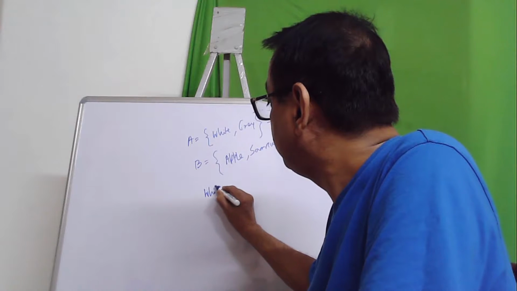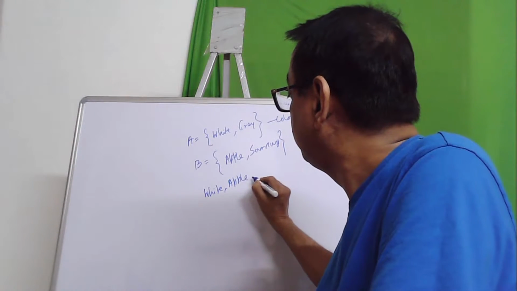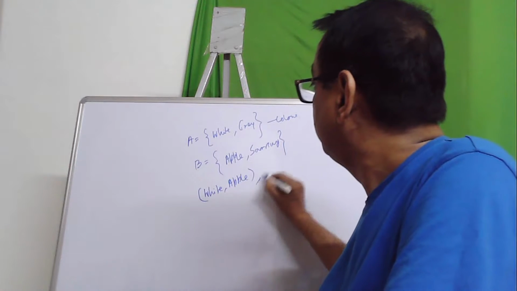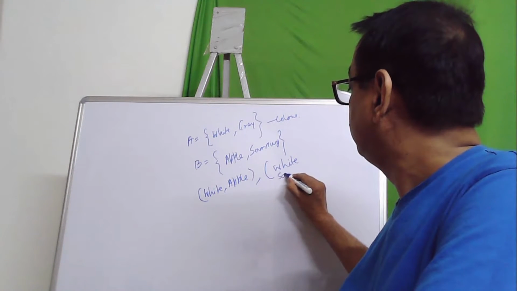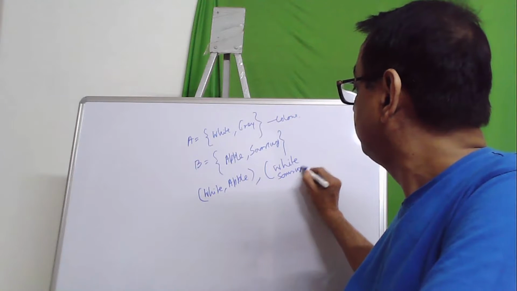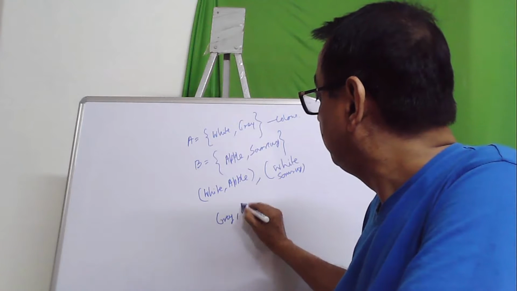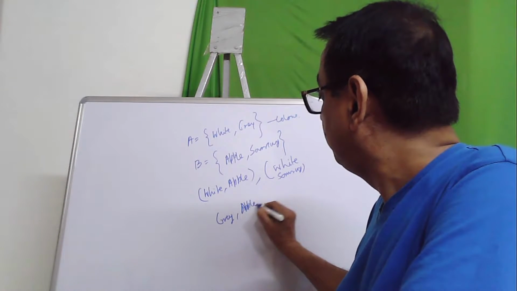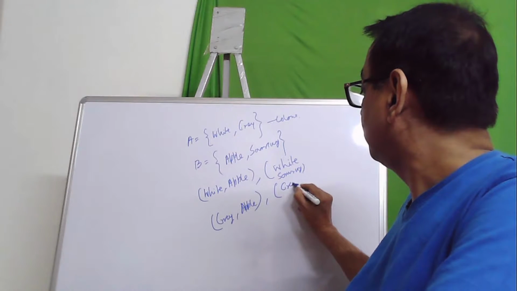We can have white Apple, we can have white Samsung, we can have grey Apple, we can have grey Samsung.